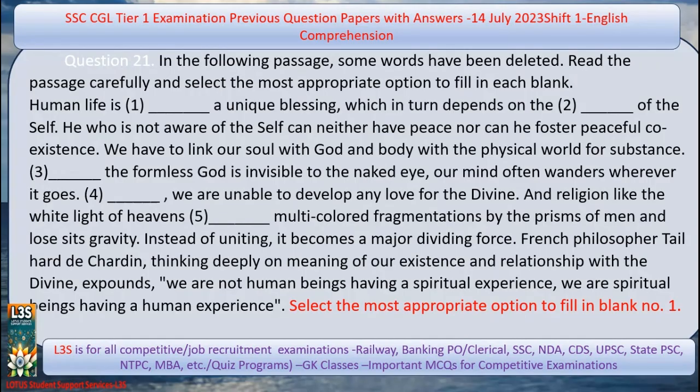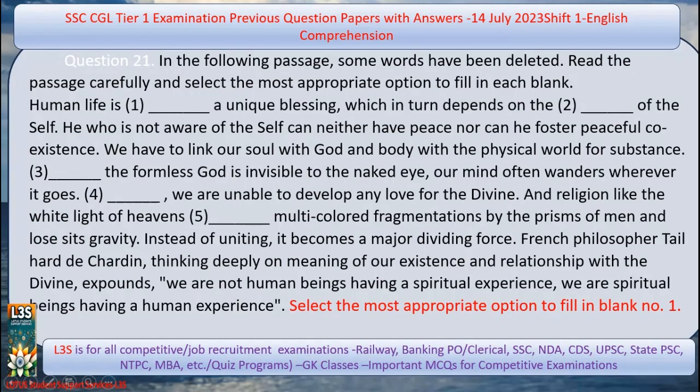And religion, like the white light of heavens, breaks into multicolored fragmentation by the prisms of man and loses its gravity instead of uniting. It becomes a major dividing force. French philosopher Teilhard de Chardin, thinking deeply on the meaning of our existence and relationship with the divine, expounds: we are not human beings having a spiritual experience, we are spiritual beings having a human experience.